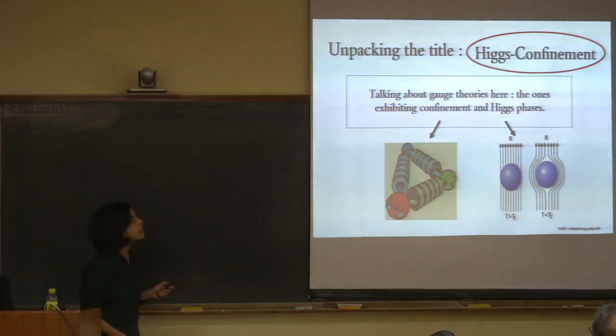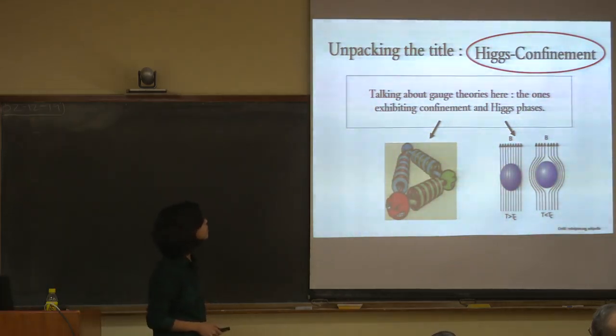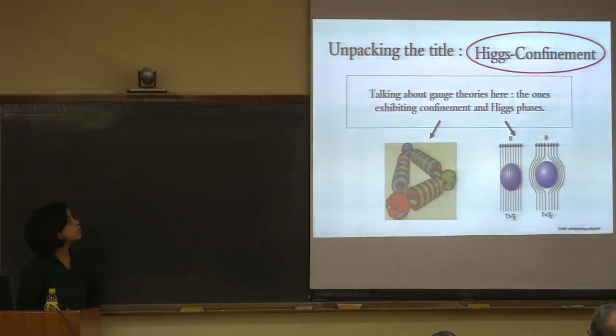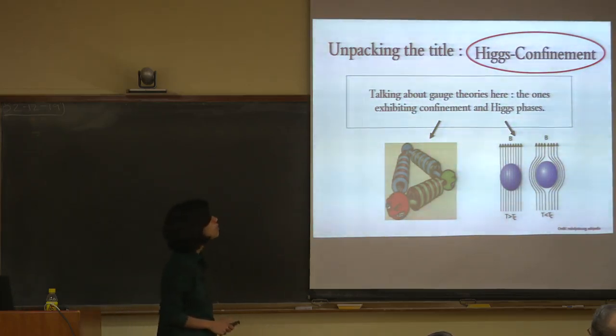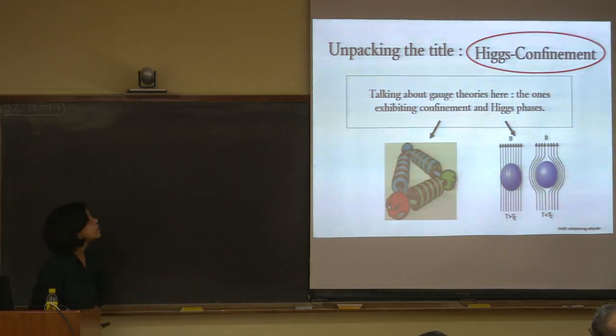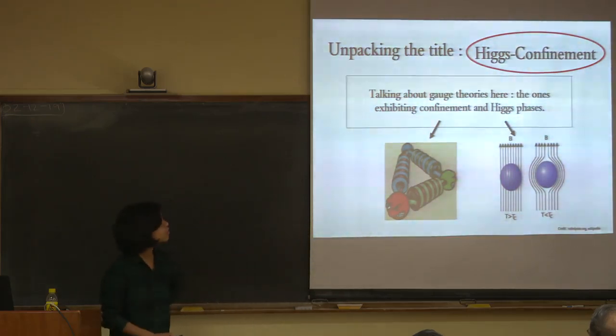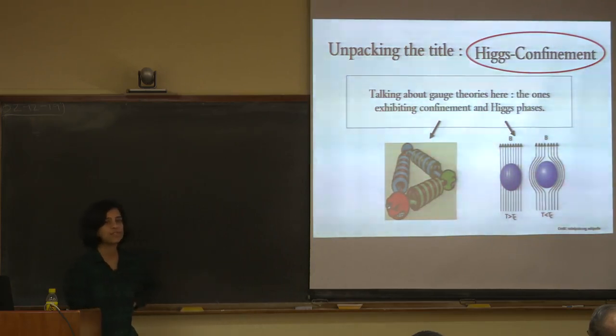So let me unpack the title for you a bit. There's a lot of history to the subject that I'm talking about. So first of all, I'm going to talk about gauge theories. Okay. On the right-hand side, you see a picture of the Higgs mechanism in abelian gauge theories. What this is showing is the picture of the ordinary Meissner effect.